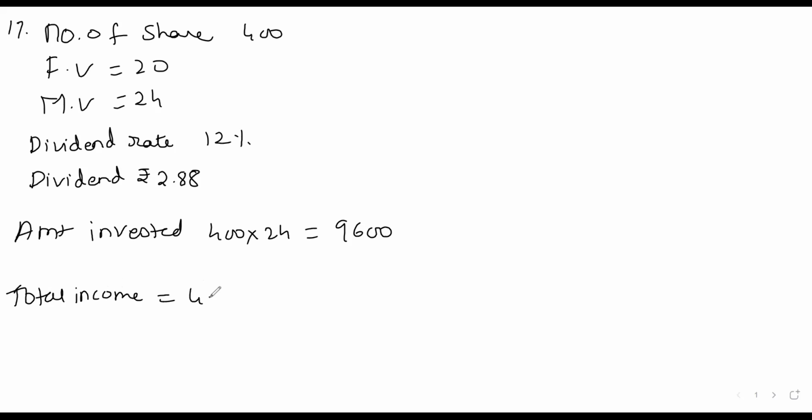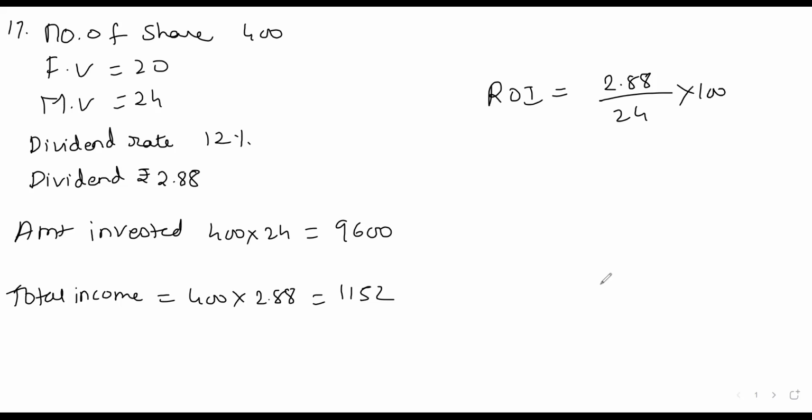Total income will be 400 into 2.88, is 1152. And the last one is percentage return on his money. So return on investment is annual income 2.88 upon purchase price 24, multiplied by 100. That is 12%.